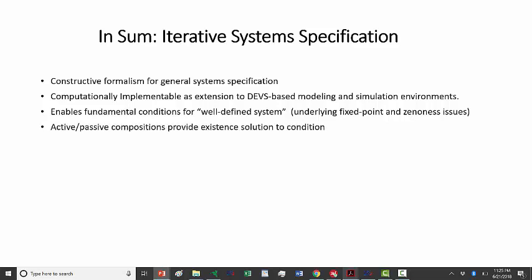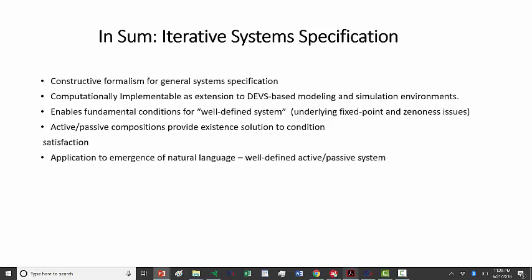And we've seen that active-passive compositions provide existence solutions to these conditions. They are very common and very easy to understand. The emergence of natural language in the way we discussed is an example of a well-defined active-passive system.